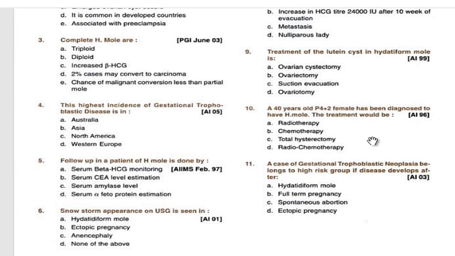A case of gestational trophoblastic neoplasia belongs to a high-risk group if the disease develops after... This is a very tricky question. As I told you, the table you have to look into is the WHO prognostic indicators, and the answer is after a full-term pregnancy. There are various prognostic indicators that you should know.